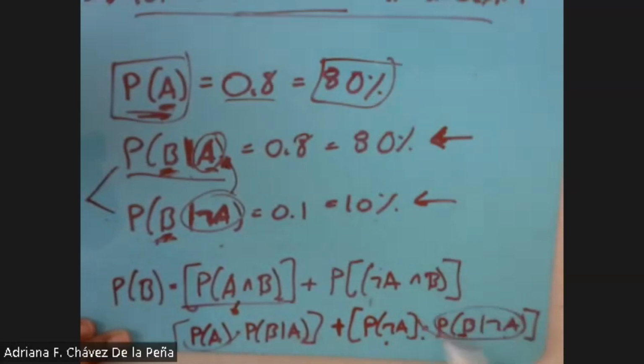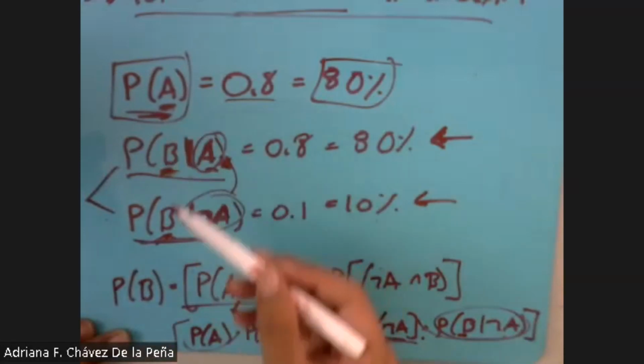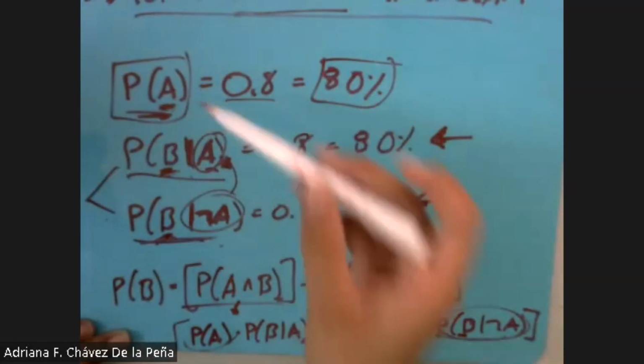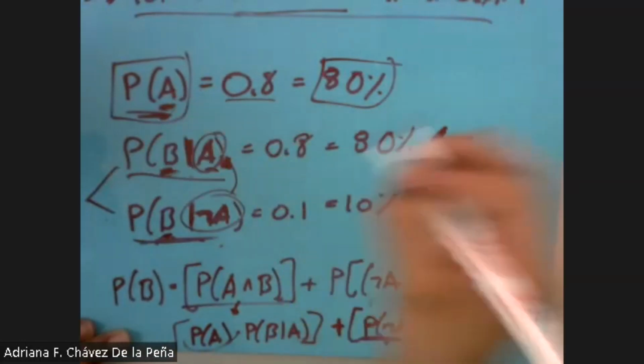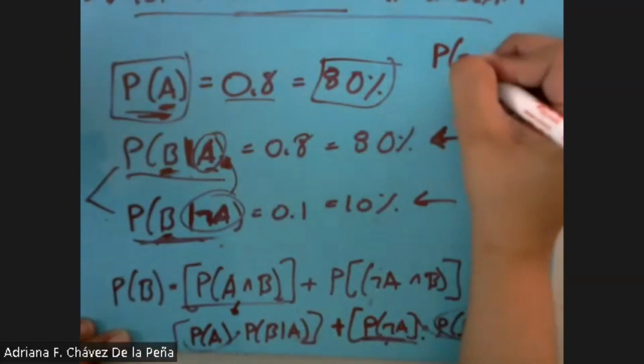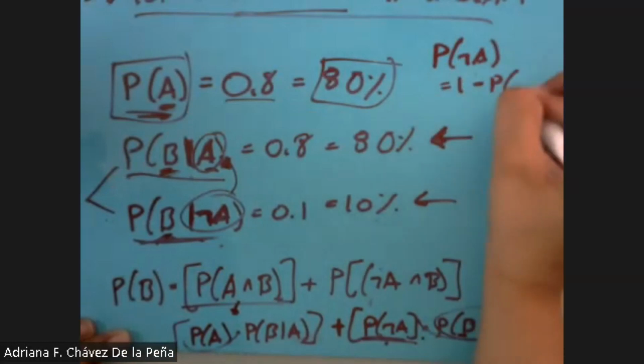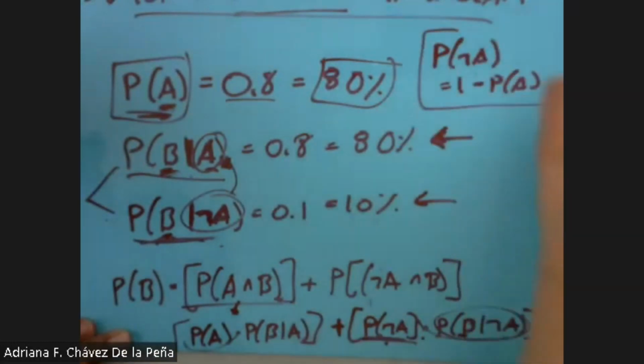And again, this piece of information we have here, and this piece of information we were not given explicitly. We are not given explicitly the probability that the call is not a robocall, but we know from the complementary rule that P of not A has to necessarily be equivalent to 1 minus P of A. This is our complement rule.